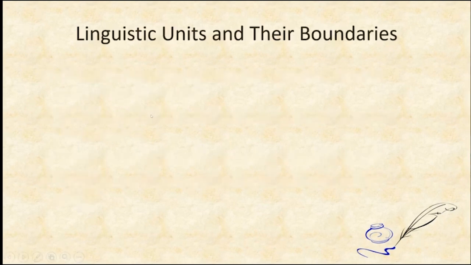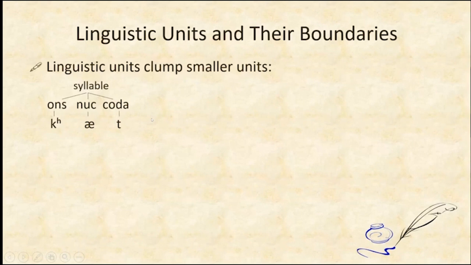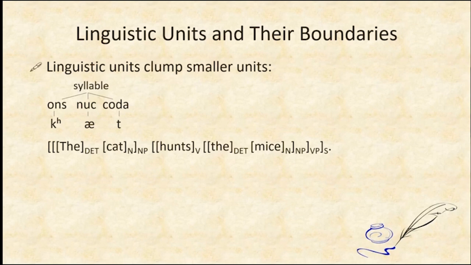So when I say linguistic units, I mean there are units in the structure of language that clump smaller units together. So phonemes are clumped into syllables in the phonology, and in the syntax, words are clumped into phrases, which are clumped into clauses.